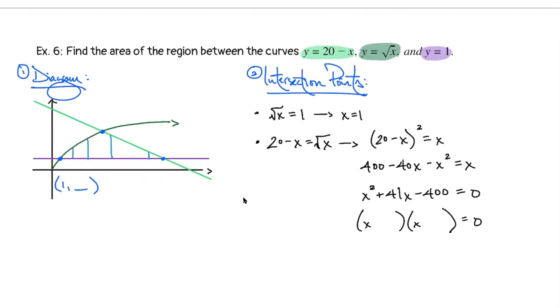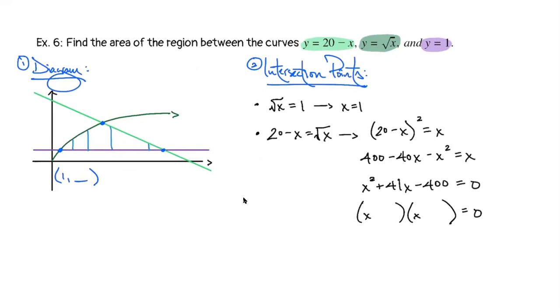I'm going to labor this point: a positive value and then a negative value, right? We want to think about numbers that multiply to make 400 but add to make 41. So I think it's like negative 16, 400 divided by 16, I don't even know. 25.